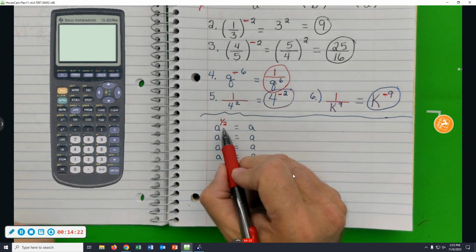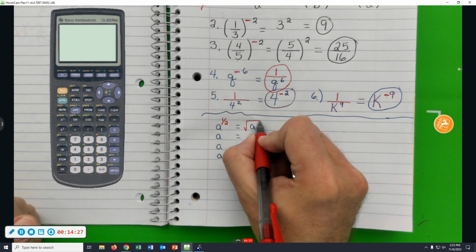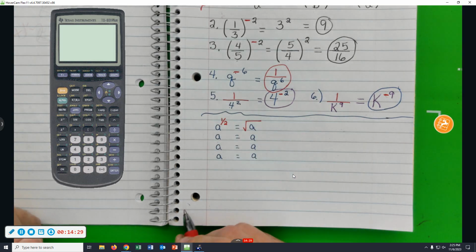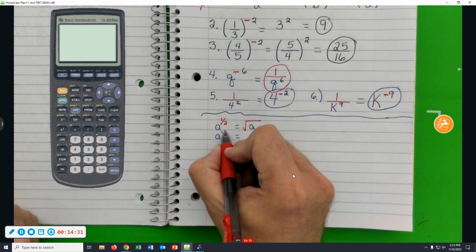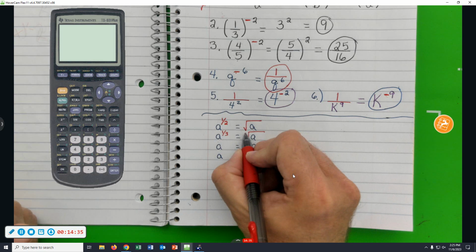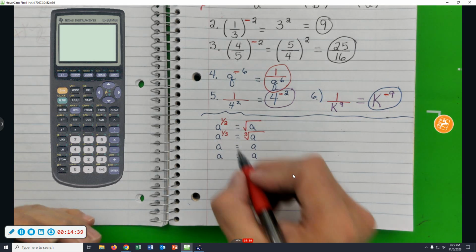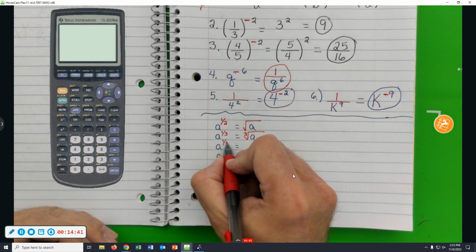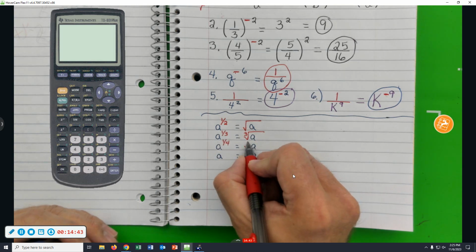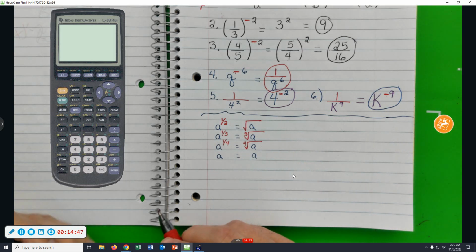We said that a 1/2 exponent was the same thing as a square root, a 1/3 exponent would be a cube root, a 1/4 exponent would be a 4th root, and so forth.